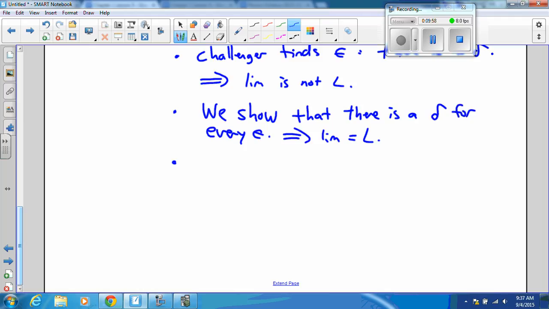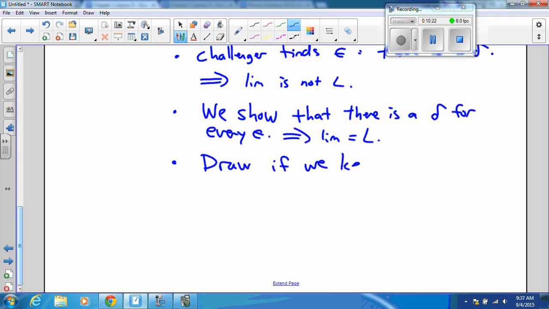A third thing could happen, and that is that we might not be able to find an epsilon so that there is no delta for sure, but we also might not be able to show that there is a delta for every epsilon. In other words, it may be that the challenger keeps on finding different values of epsilon, and we keep on finding deltas, but we can never agree that there's going to be a delta for every epsilon.